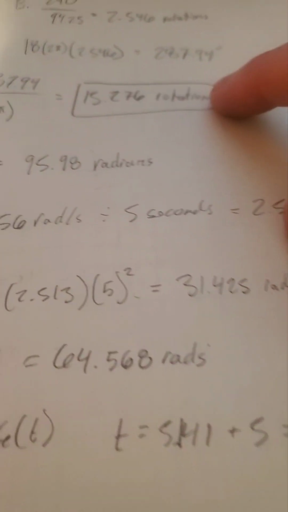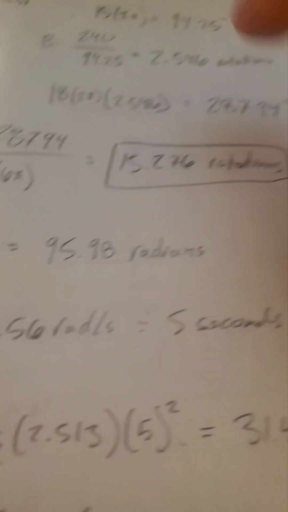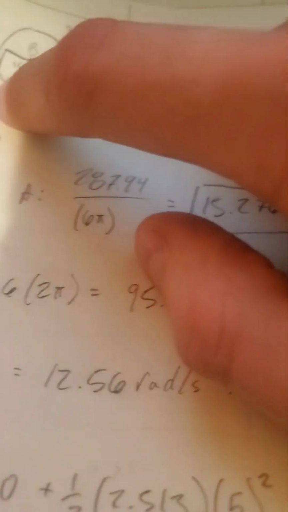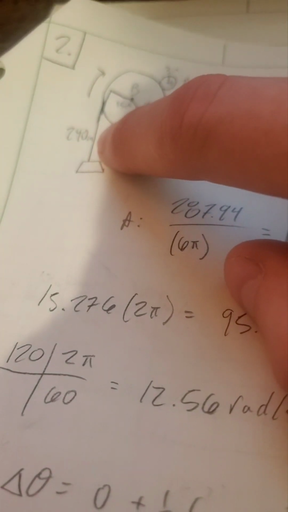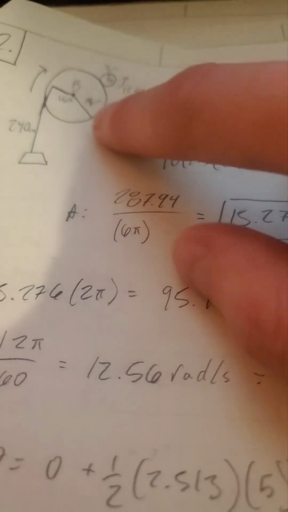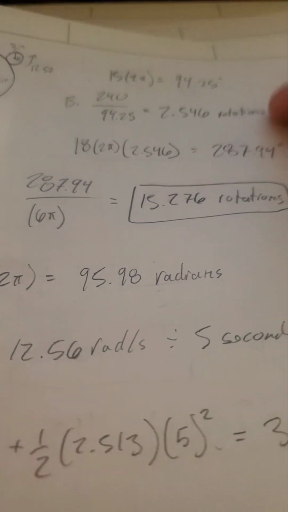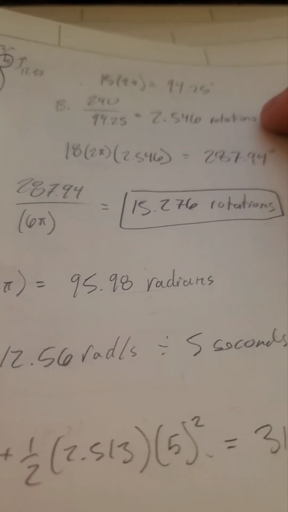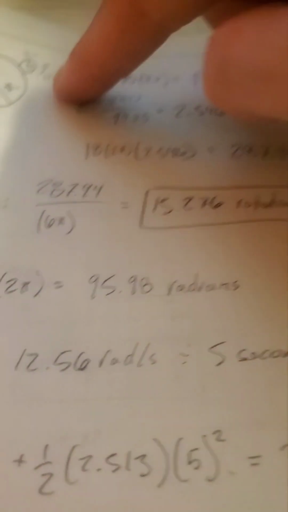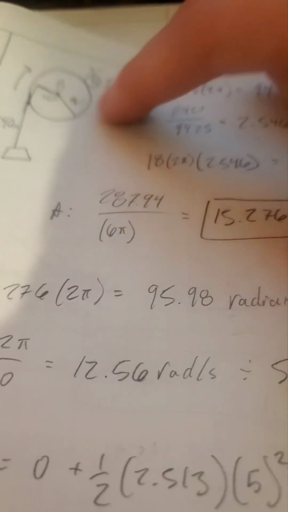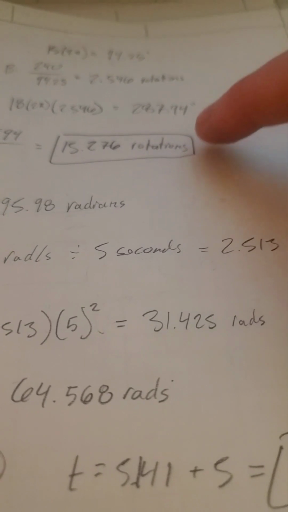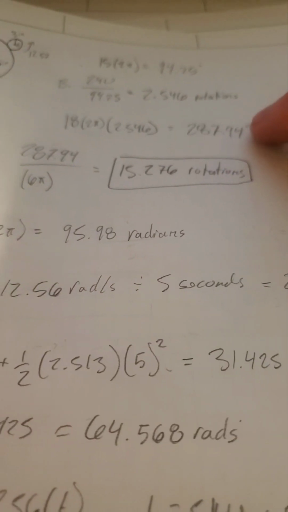So basically, I just solved for the distance to raise it, which is 240 inches, and the distance of the 15-inch circumference. And I just solved for the total rotations needed, and then I just converted that rotation to distance based on the 18-inch circle, which gives us a distance there.